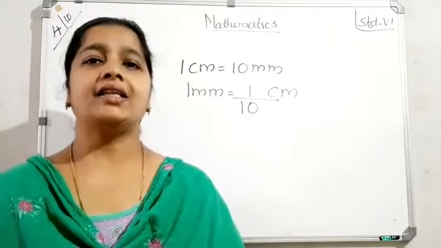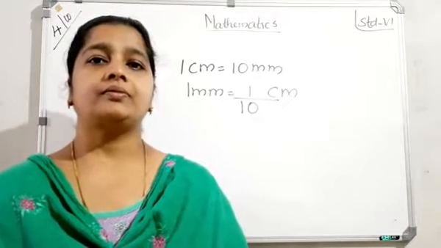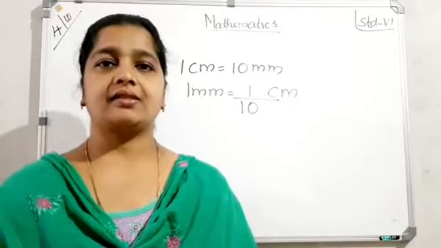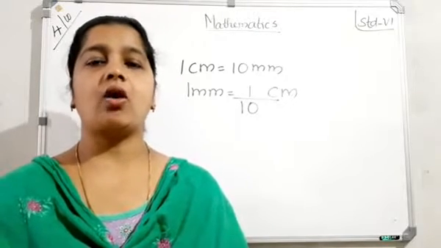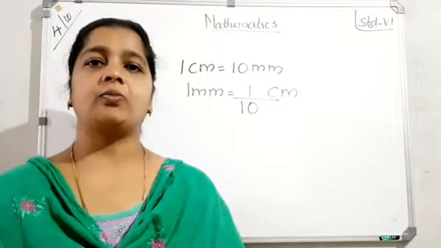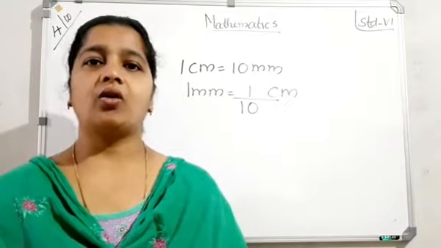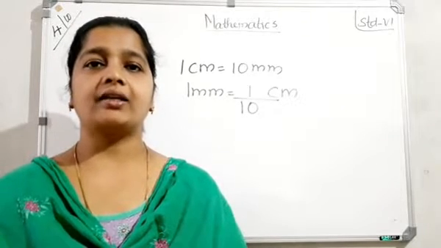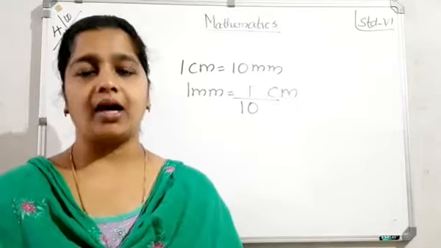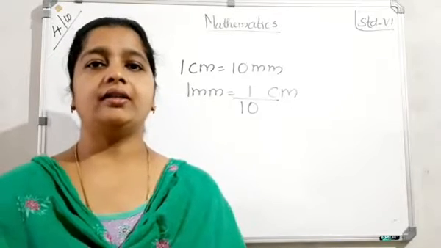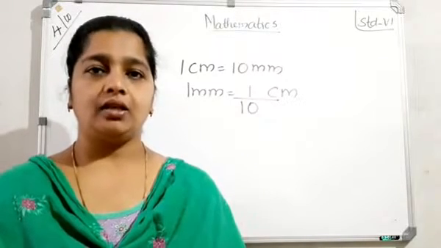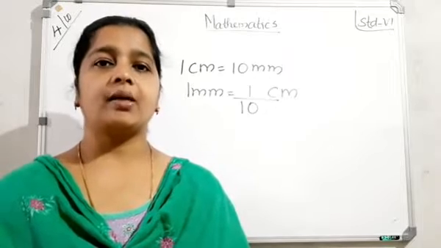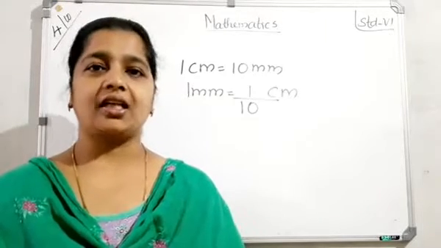Last day we studied decimals. A decimal number consists of two parts. The first part is the whole number part, and the second part is the decimal or fractional part. A point separates the whole part and the fractional part.